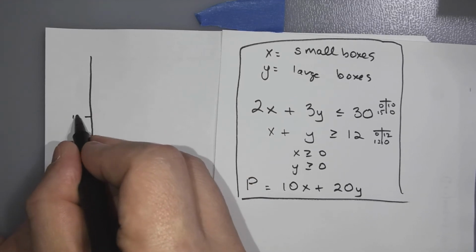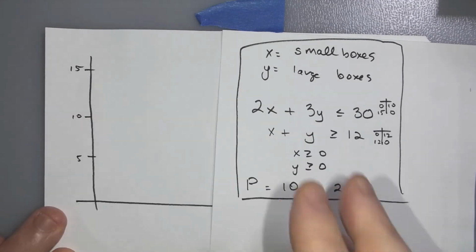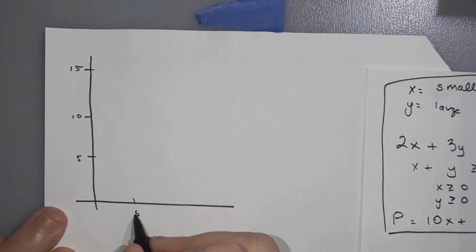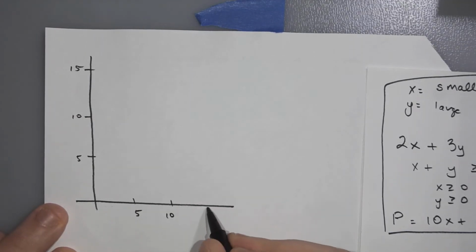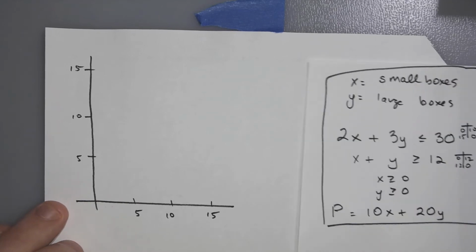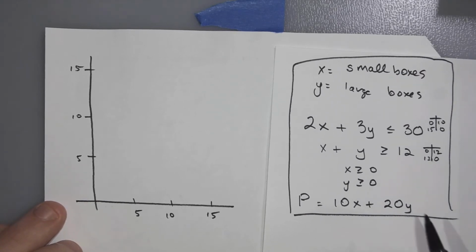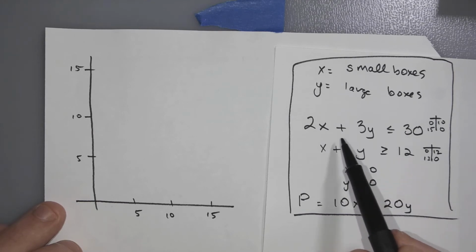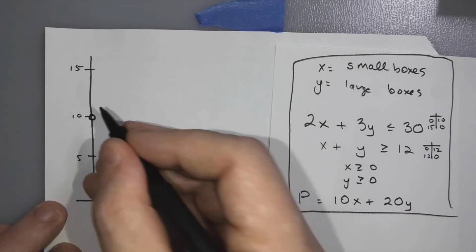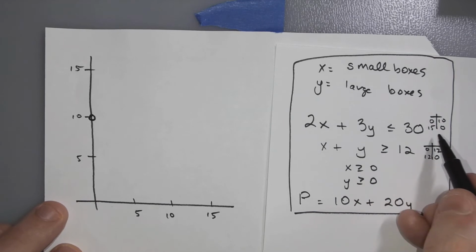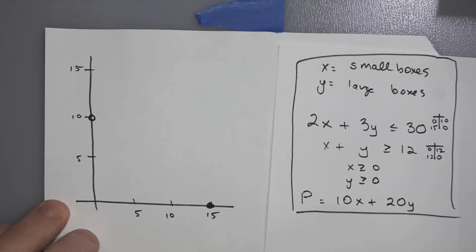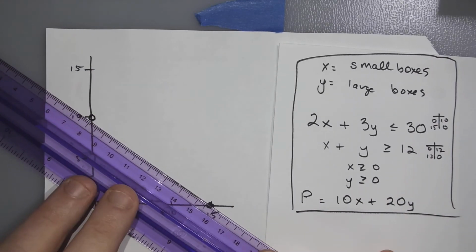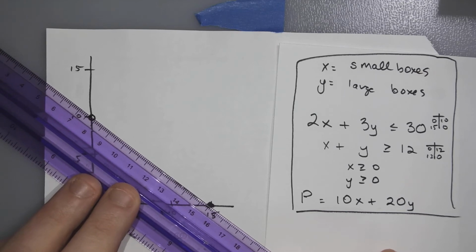5, 10, 15, 5, 10, 15. And then for this one, 2x plus 3y less than or equal to 30, we'll go 0, 10, and then 15, 0, and connect.